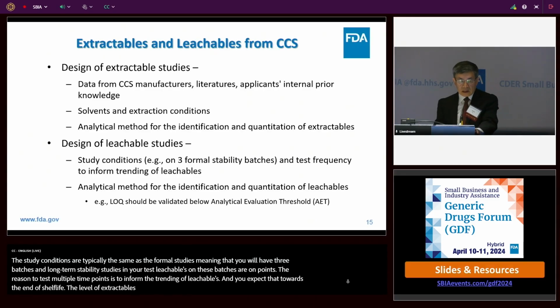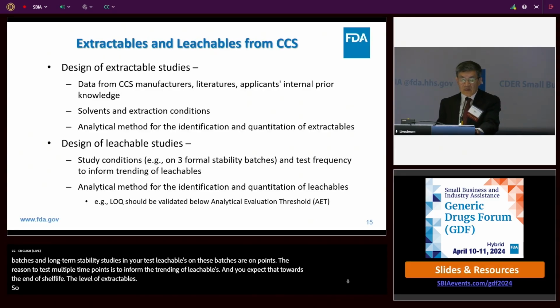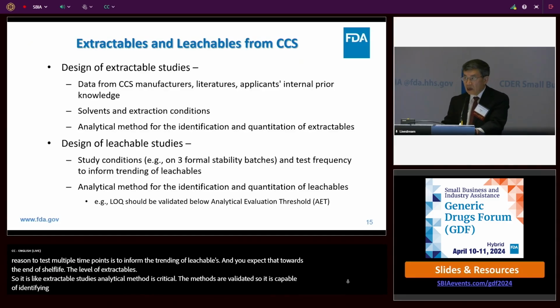Just like extractable studies, the analytical method is very, very critical. The method should be validated so that it is capable of identifying and quantifying the leachables above AET. The method validation is actually nowadays very standard according to USP 1225.